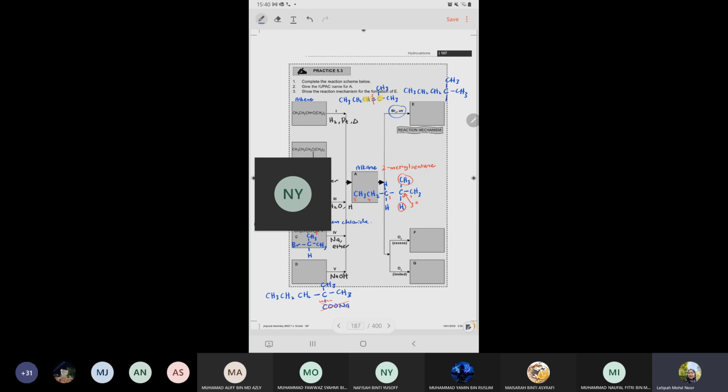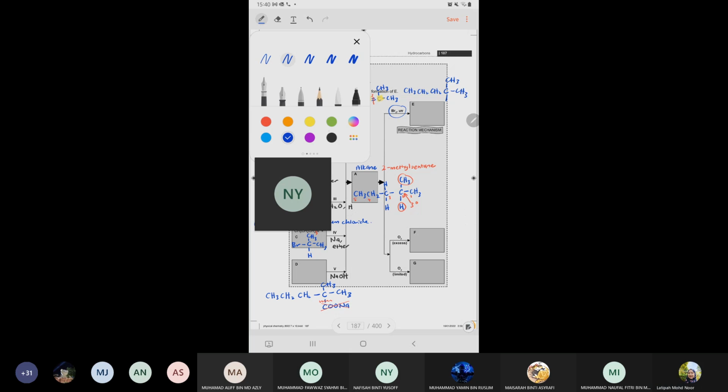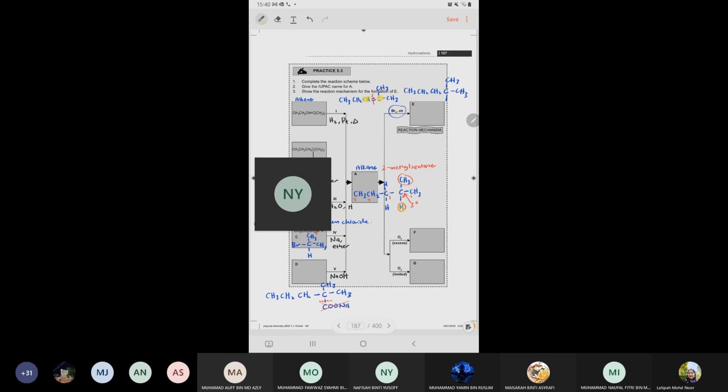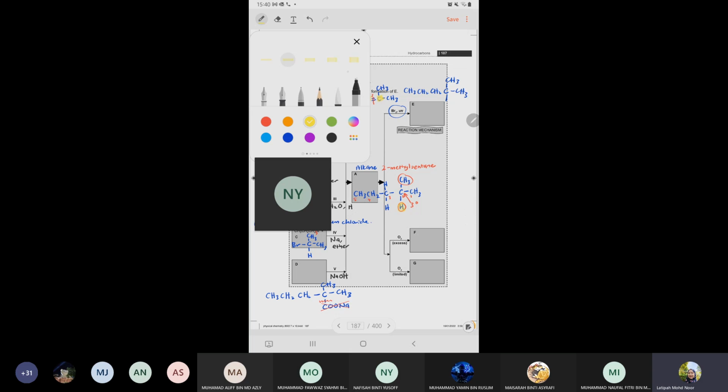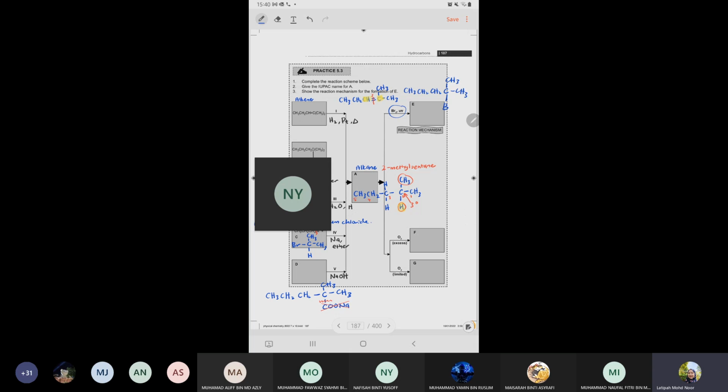Hanya perlu gantikan H yang saya bulatkan warna merah tu ataupun H yang saya highlightkan kat sini dengan Br. Kenapa ganti dengan Br? Sebab kita ada Br2 kat sini. Okay, gantikan dengan Br. So this is the major product.